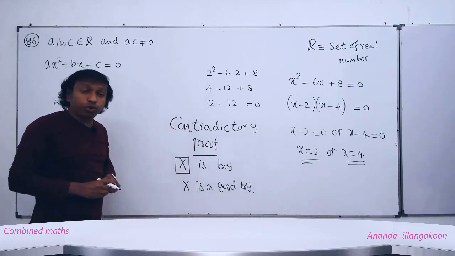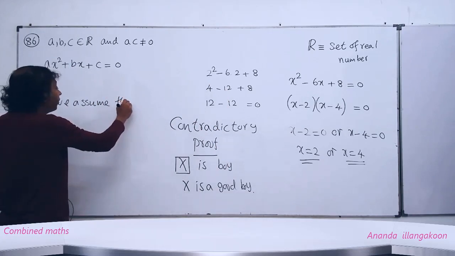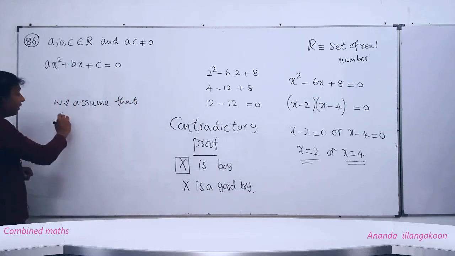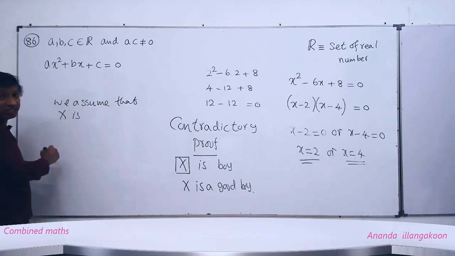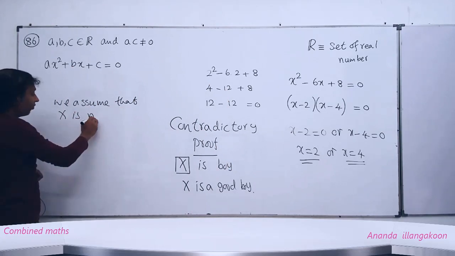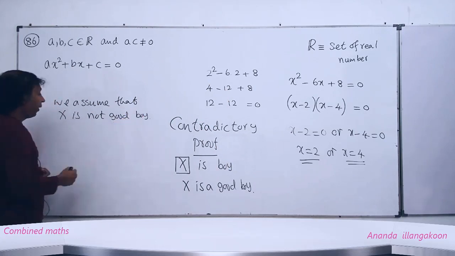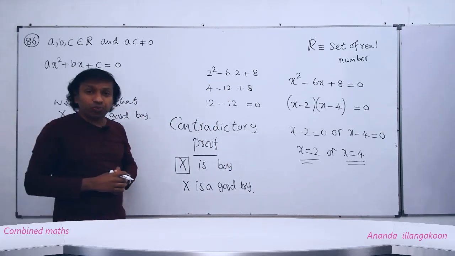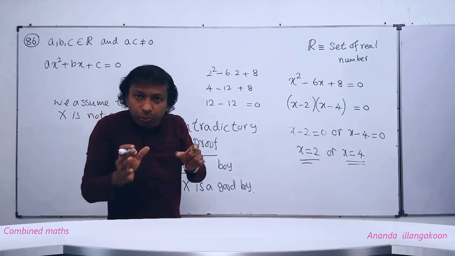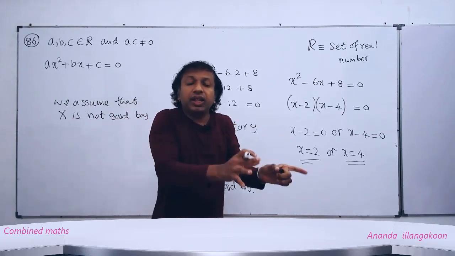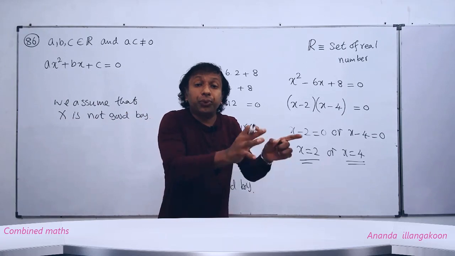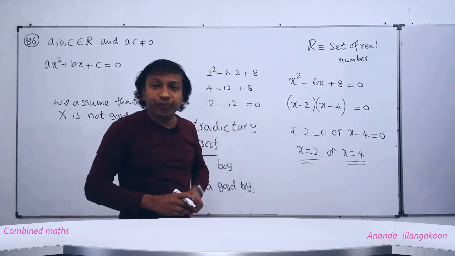Understand? Then we assume that X is not a good boy. This way we assume, people, exactly the opposite thing to be proved.